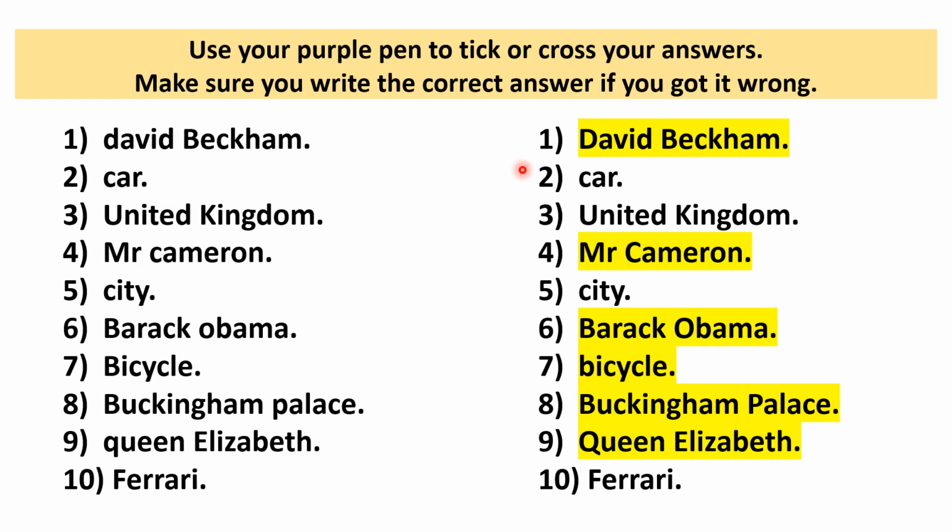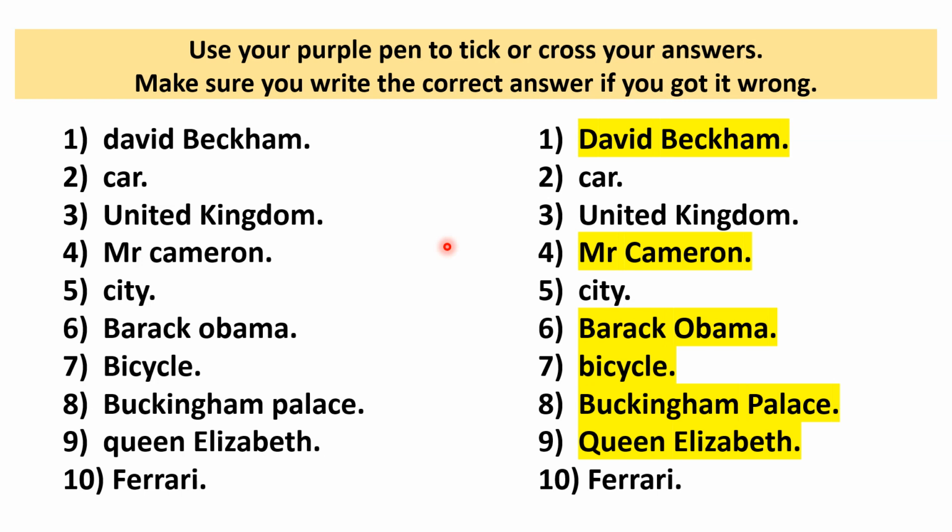David Beckham is a proper noun, so it needed a capital D. Mr. Cameron is a name, so it's a proper noun, so it needed a capital C. Barack Obama, again, is a proper noun, so it needed a capital O. Bicycle is a common noun, so it does not need a capital B. And number 8 and 9 are both proper nouns, and they need capital letters. Pause the video now, tick your answers if you got it right. If you got it wrong, please make sure that you correct it.